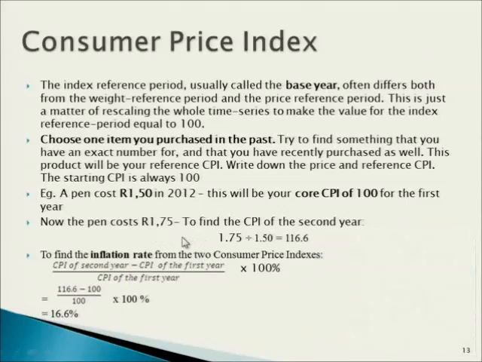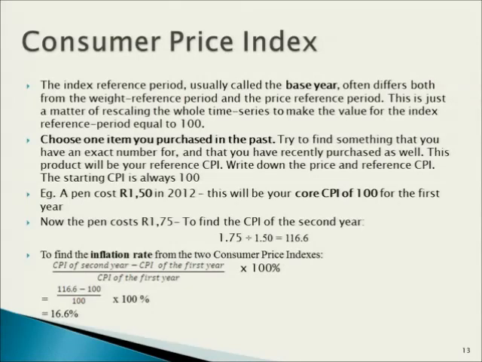Now, I don't have the CPI of that year, but I can find it. And how? Very easy. Just take the value of the second year and divide it by the value of the first year. And it gives you a CPI of 116.6.